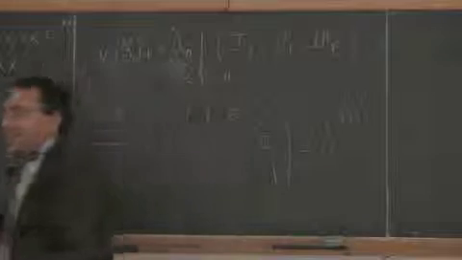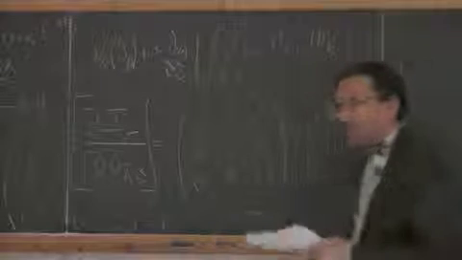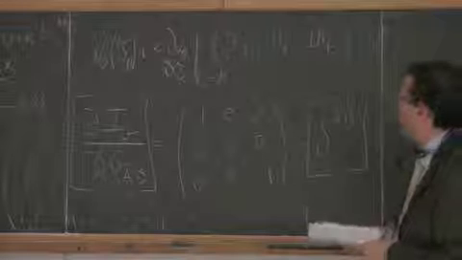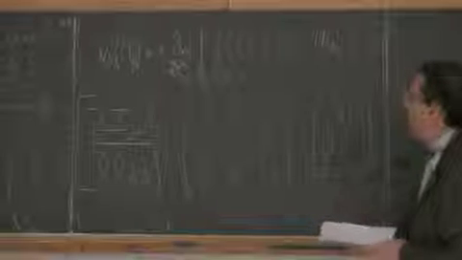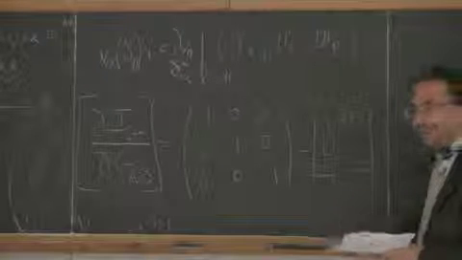I'm writing a matrix equal to something. Maybe I should write it this way to say this matrix is equal to this matrix, which is equal to this matrix. Okay? So, this derivative is actually the identity.